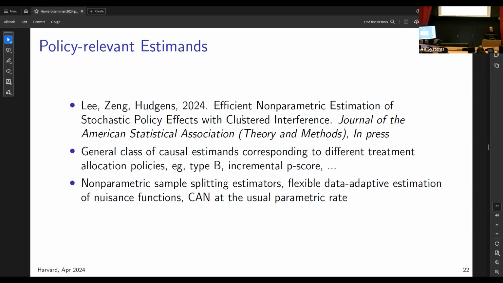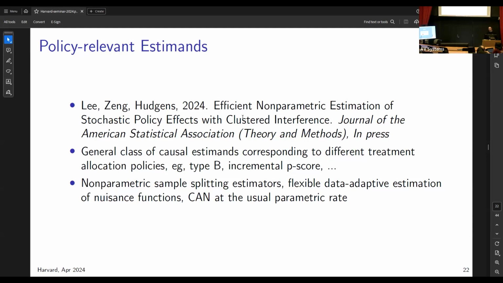Originally in this paper, we targeted the incremental propensity score type estimand, but in the process of revising it for JASA, we generalized it. The results now hold for any policy. Any policy that you can think of where you want to modify the propensity score distribution is covered by the methods in this paper.